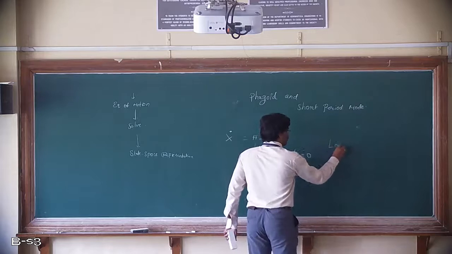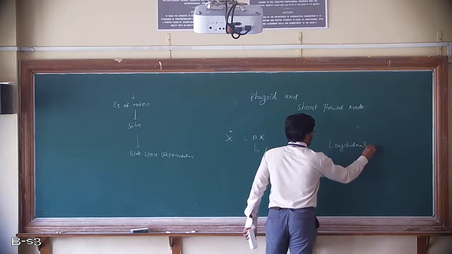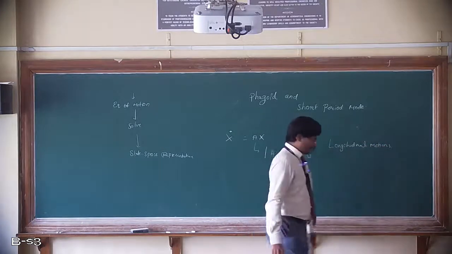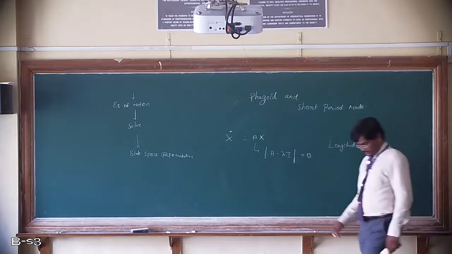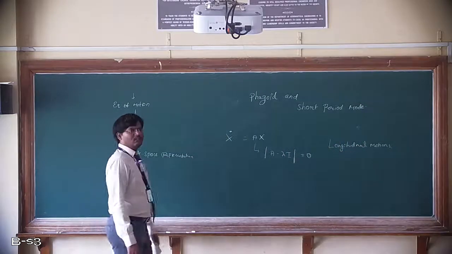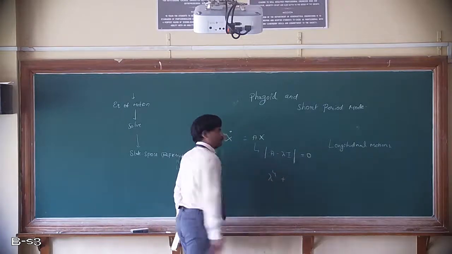Yesterday we already discussed the characteristic equation. If you derive the characteristic equation for longitudinal motions, what is the order?